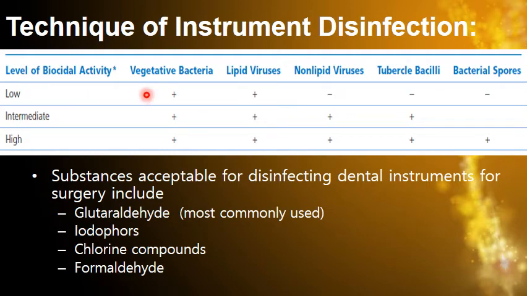This is the low. The intermediate type of disinfectant will affect all the mentioned microorganisms except the bacterial spores, while the high level disinfectant will kill them all. This is an important classification to know.